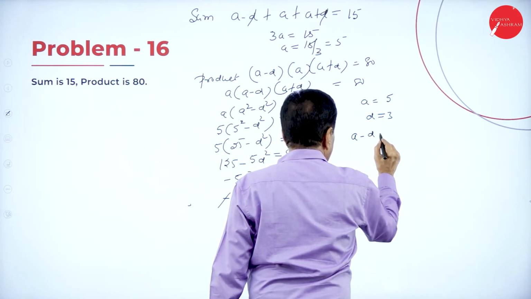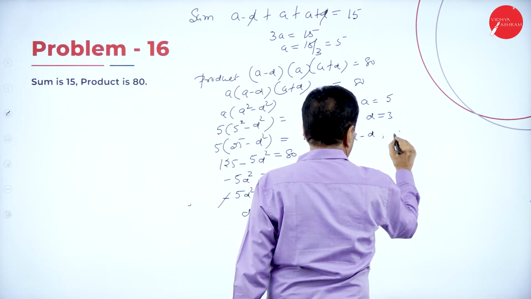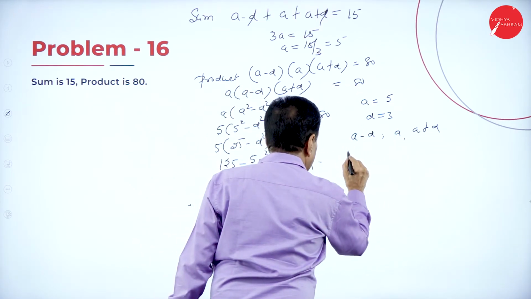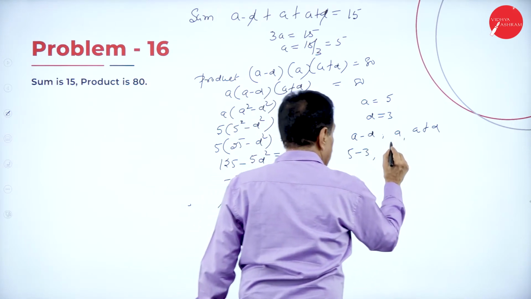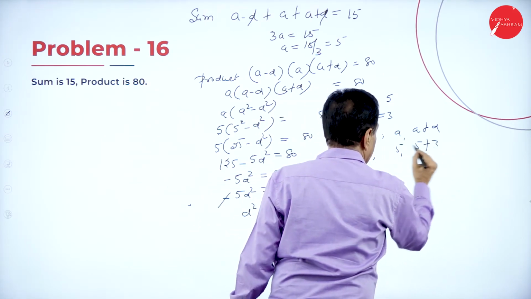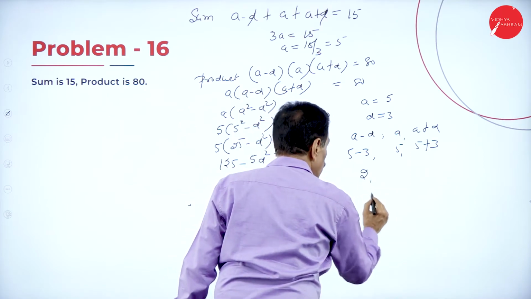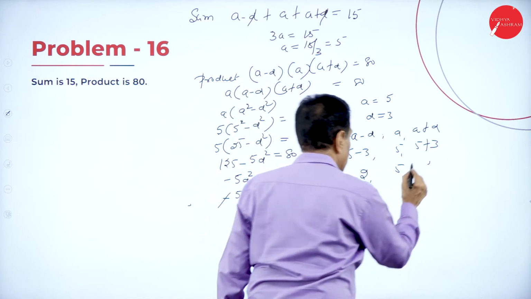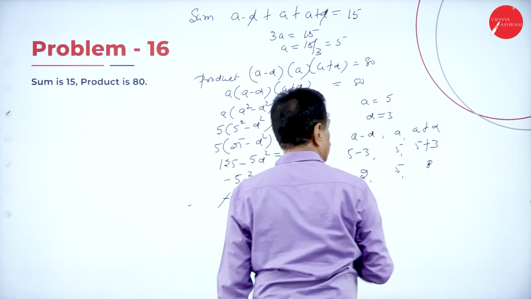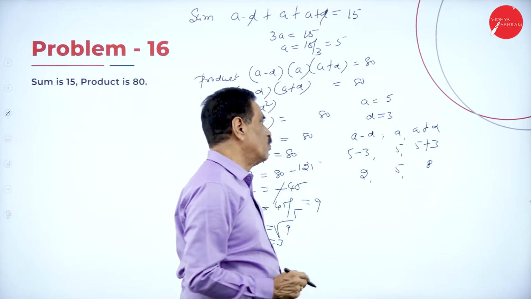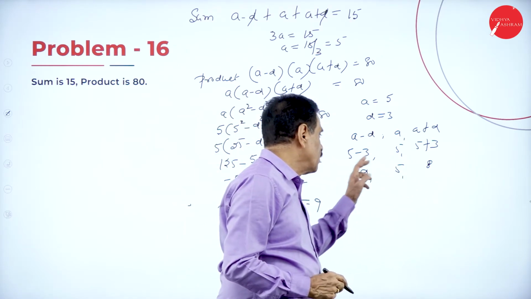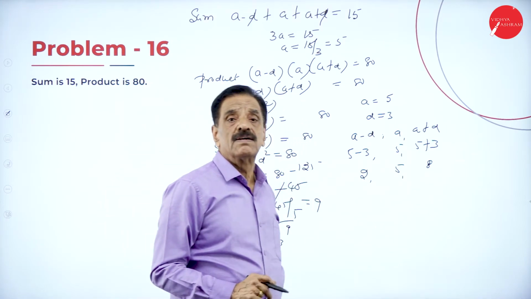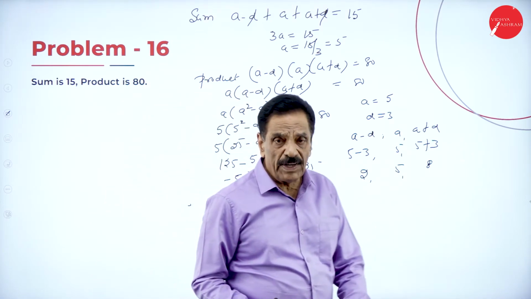A minus D, A, A plus D. 5 minus 3 is 2, A is 5, 5 plus 3 is 8. So the numbers are 2, 5, 8. 8 minus 3 is 5, 5 minus 3 is 2. It is a common difference of 3. So this is what we are going to find out.